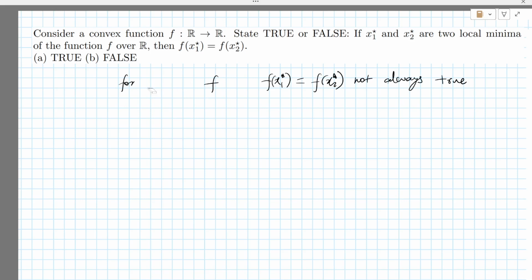For some general f, this is not true, because some simple example is like this. These two are x1 star, x2 star. They are not equal. But what we have is convex f.